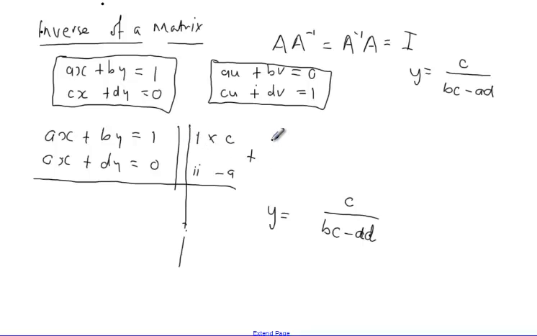I'm going to multiply this by d, because my aim is to make the coefficients cancel, so I multiply this by b and this by minus b. So here, I'm going to have bd, here minus bd. I add them, I'll get 0 here. Do you agree? Then here I'm going to have d minus 0b. Then I get here d.